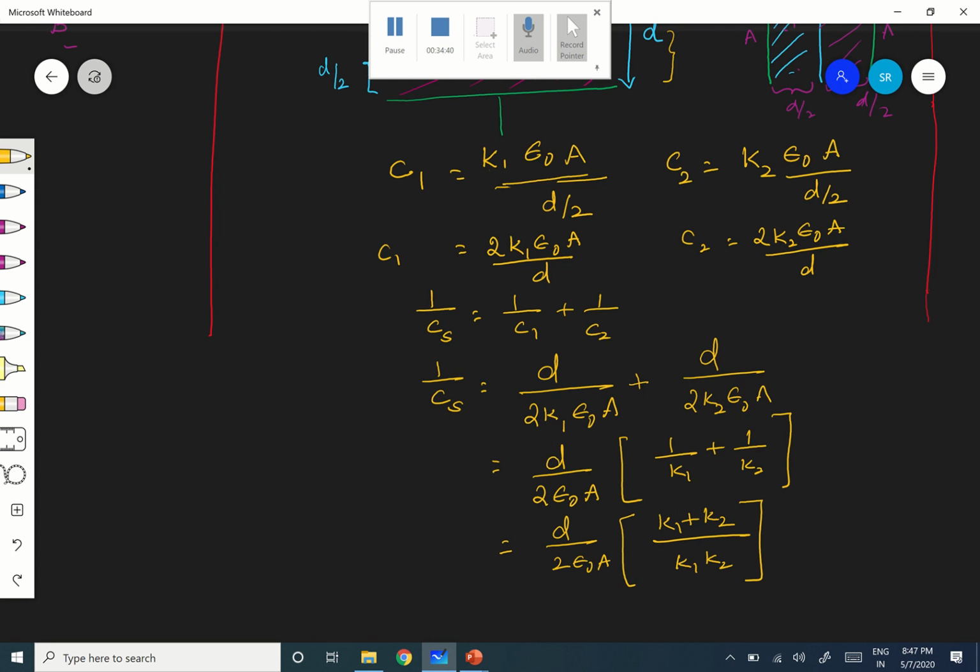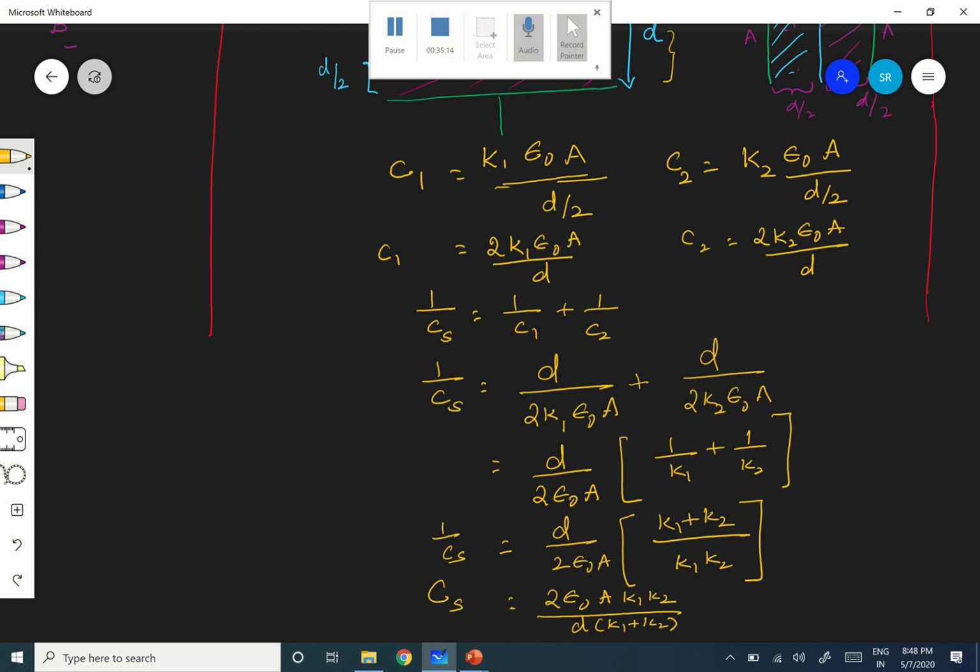Therefore, what is the final answer? What is Cs? Since it is 1 by Cs, Cs is equal to 2 epsilon naught A K1 K2 divided by D into K1 plus K2.